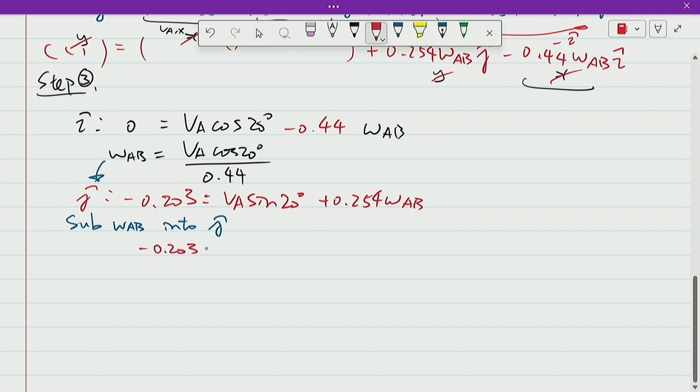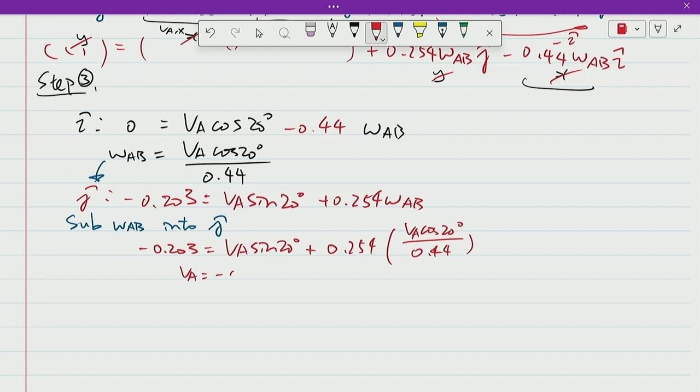Left-hand side stays the same. And that's going to give you VA is negative 0.23 meters per second.